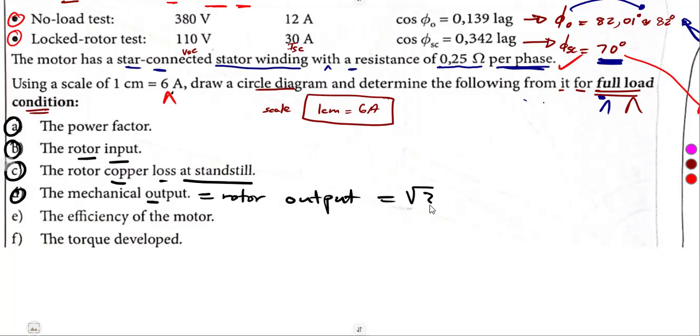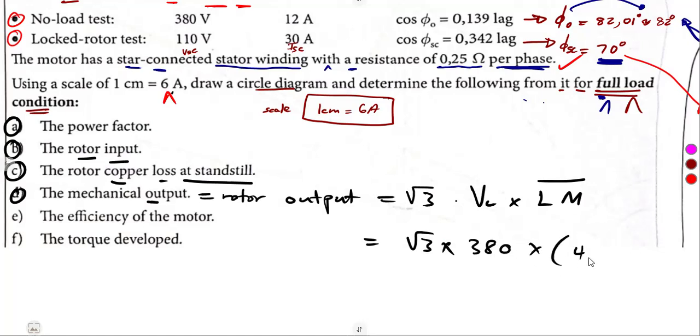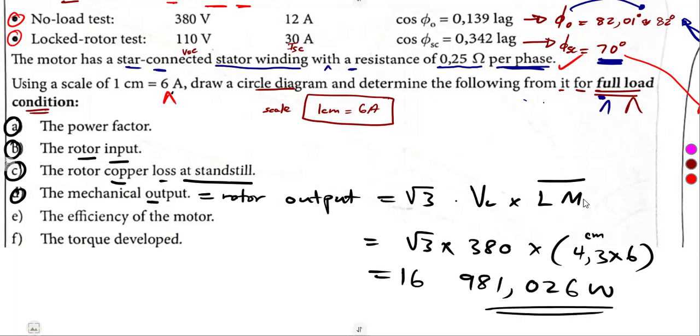The formula is square root of 3 times VL times LM. So guys, we've got the formulas. Everything is now direct. 380 times LM, you measure that, it was approximately 4.3 centimeters, times the scale of 6. So that's it. That was 16,981.026 in watts. So that was the mechanical output, the rotor output.